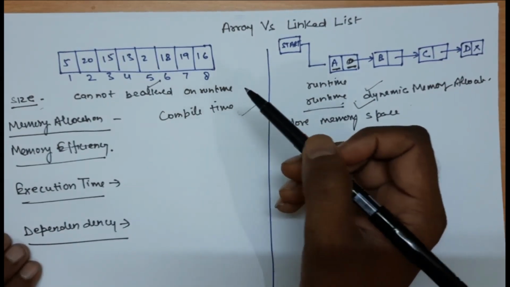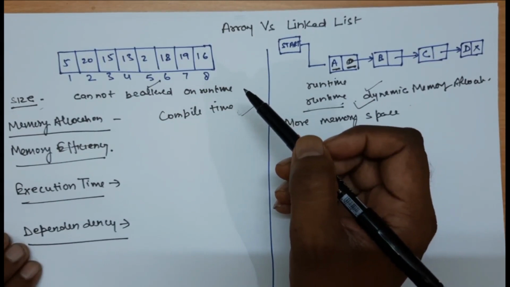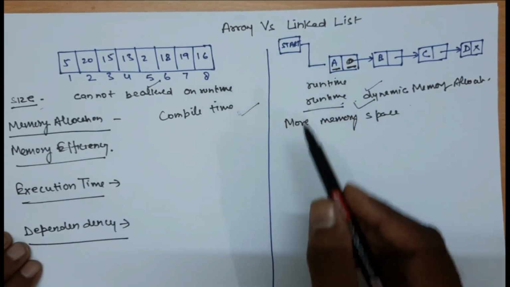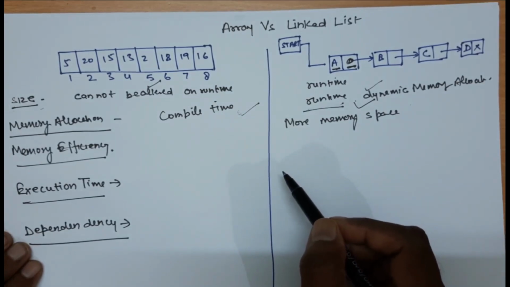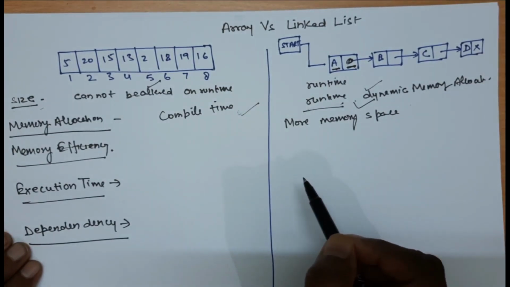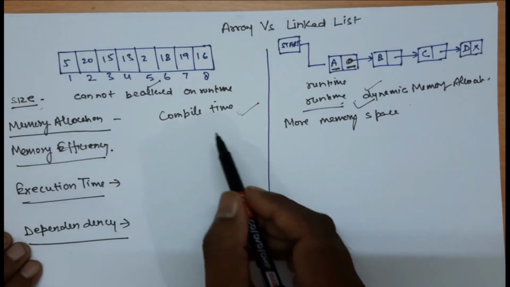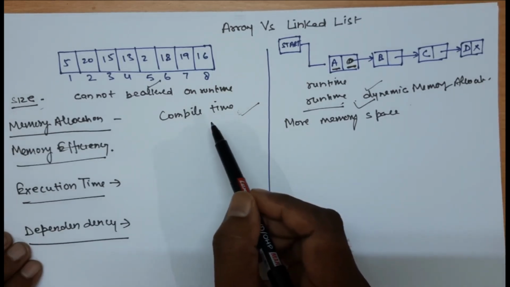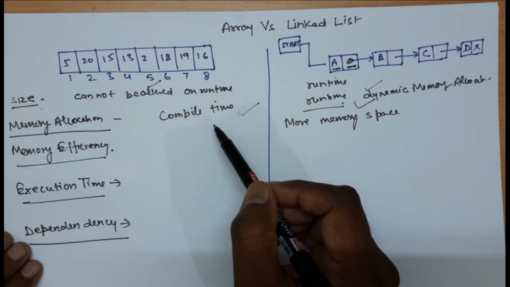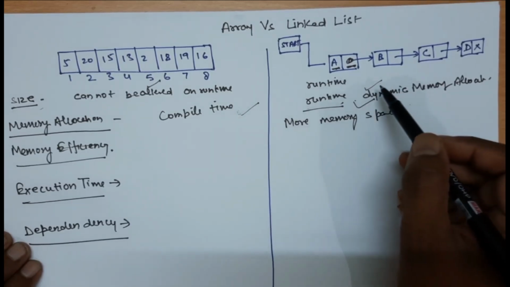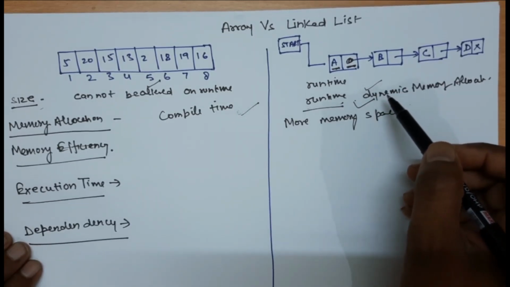Suppose there may be some situation that we have allocated 100 memory spaces, but actually we are storing only 20% of the memory space. So in that case, 80% of the memory space allocated for the array data structure will be useless, or it will be wasted. So that is the flexibility in case of the linked list.